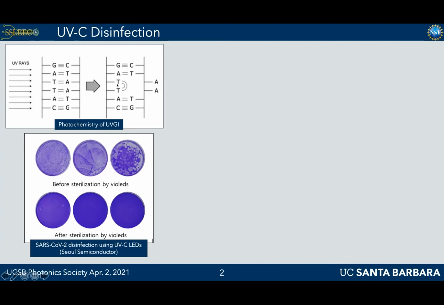They'll stick to each other, kicking out the adenine bases that they were previously attached to, and this pretty much renders this little segment of genetic information not replicable. So when this happens enough times, whatever cell has been illuminated is no longer able to replicate, and that leads to a disinfection effect when you're talking about microbes.